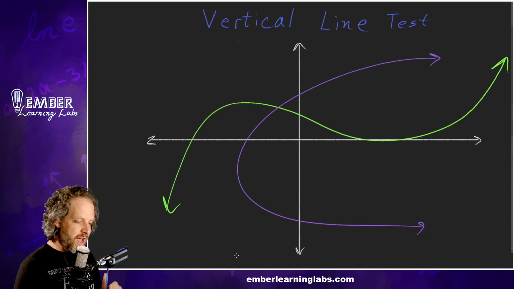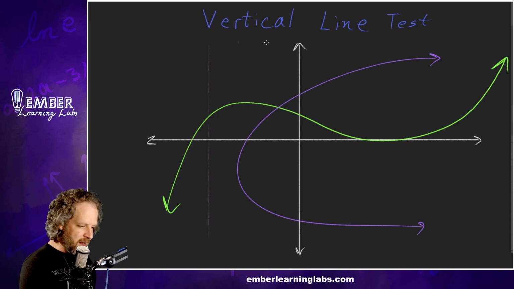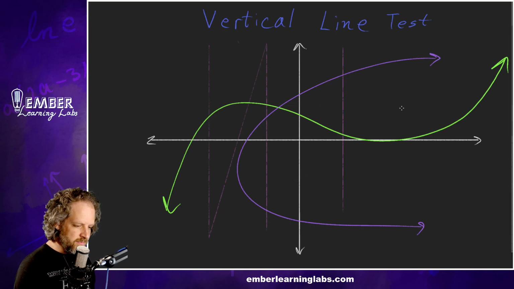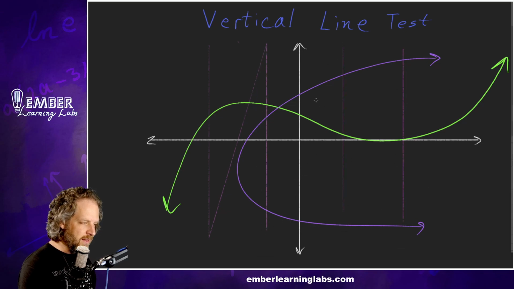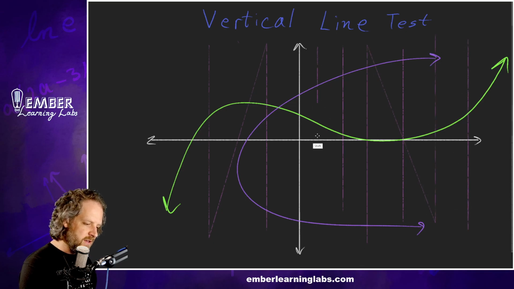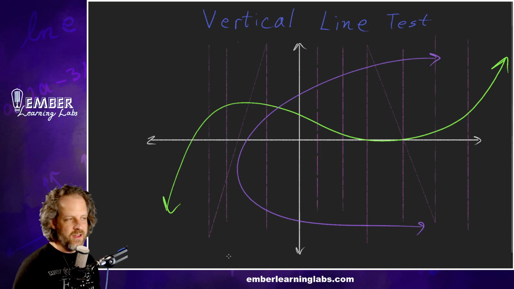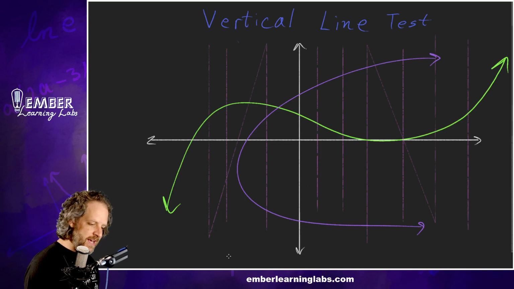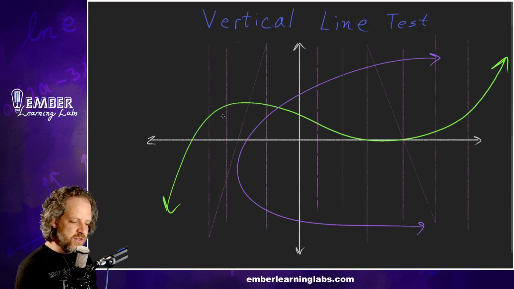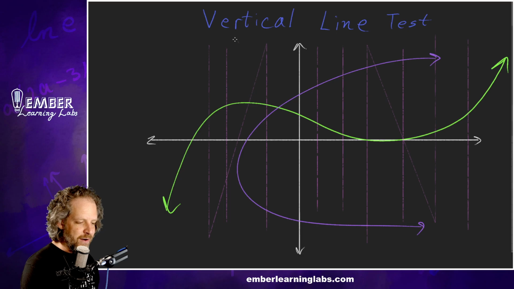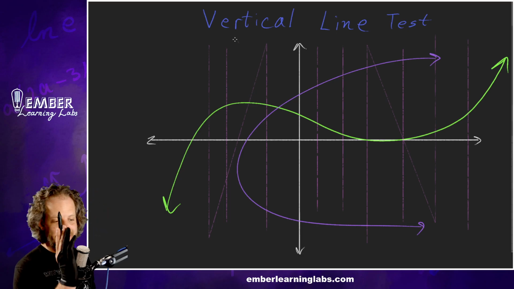Okay, so if I'm running my pencil, never mind the little diagonal thing, that was a mistake. If I'm running my pencil across the graph, you can see that as I'm running across this green line, each one of these is representing the pencil over time, right?